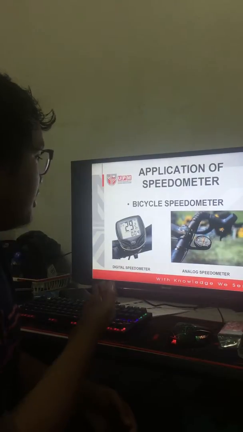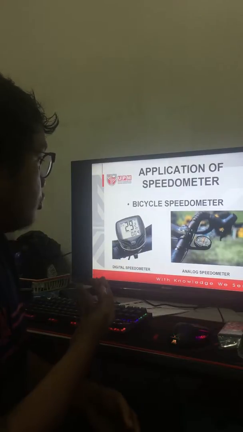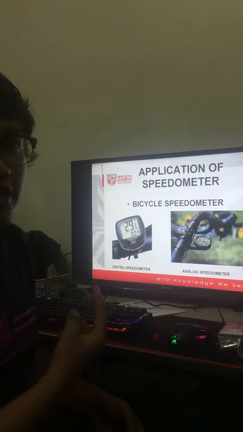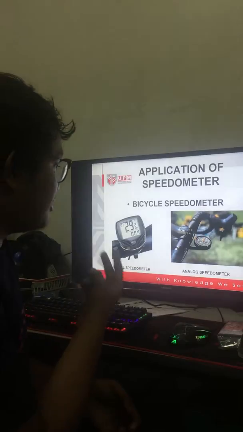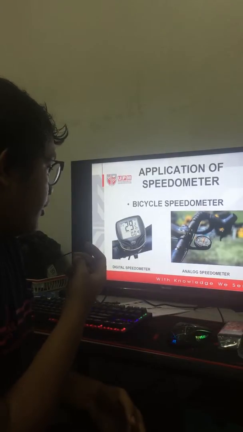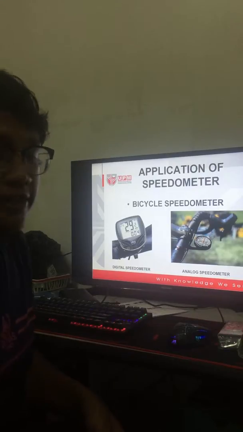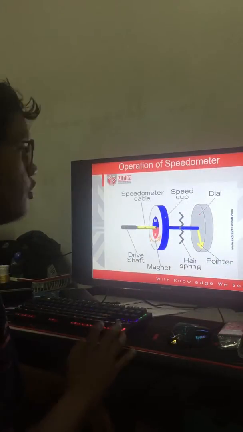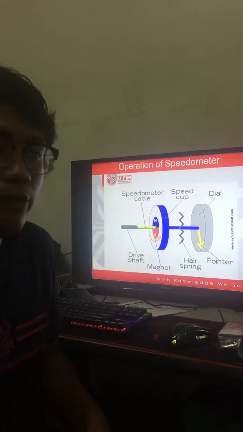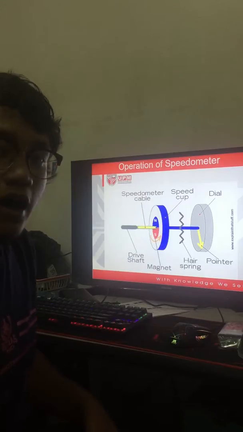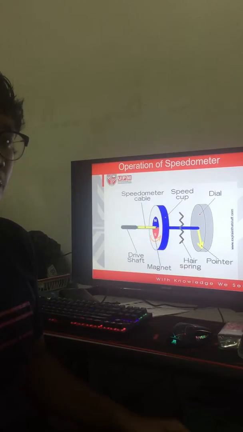In the slide, there are two types of speedometer on a bicycle: one is the digital speedometer and the other is the analog speedometer. Next, I'm going to call our next presenter, Muhammad Arif bin Zainudin.